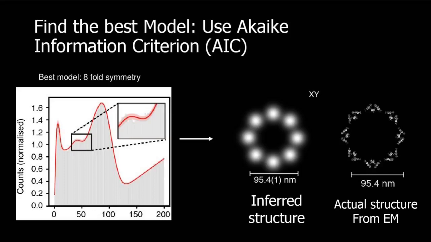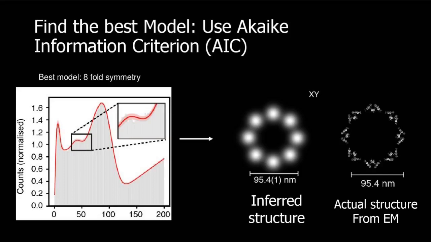Okay. So you can use that criterion then to fit some sort of error to your curve. So you can see in the inset there, I've got an error on the curve. And of course, now we know it's an 8-fold symmetrical ring, and we know something about that from the RPD and the Akaike fit criterion and so on. We can infer a structure, and that structure now has the right sort of diameter compared to what we know from EM.